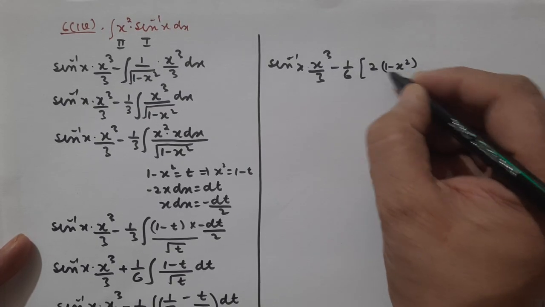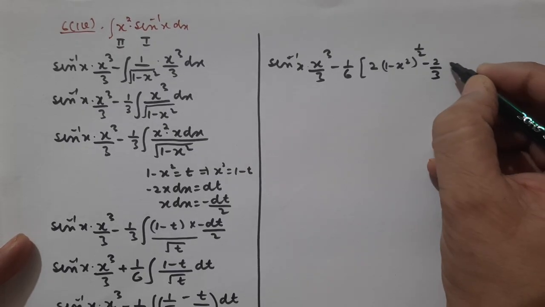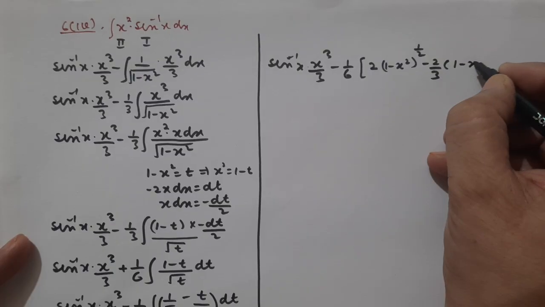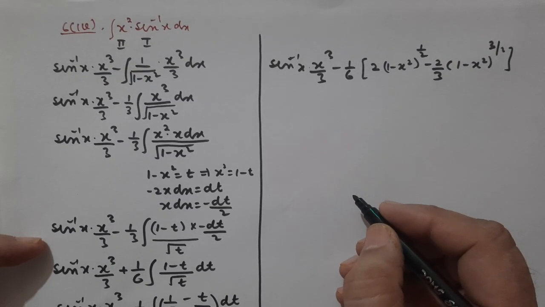So 1 minus x square power half, minus 2 by 3 t power 3 by 2, meaning 1 minus x square power 3 by 2.